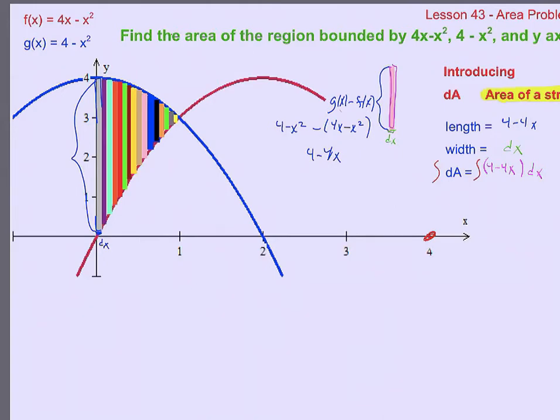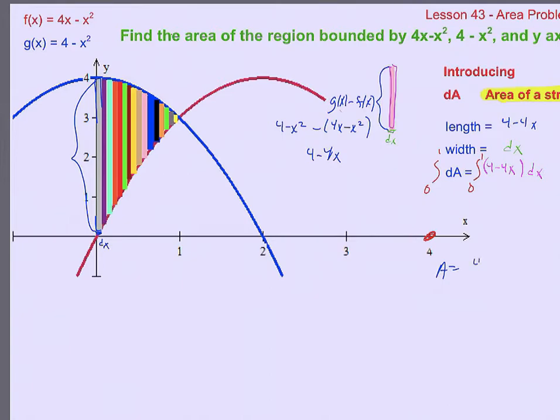So if dA is equal to 4 minus 4x times dx, then all of the dA's put together is going to equal the definite integral from start to finish. In this case, that's from 0 to 1, of 4 minus 4x dx. So our overall area is the integral from 0 to 1 of 4 minus 4x with respect to x.